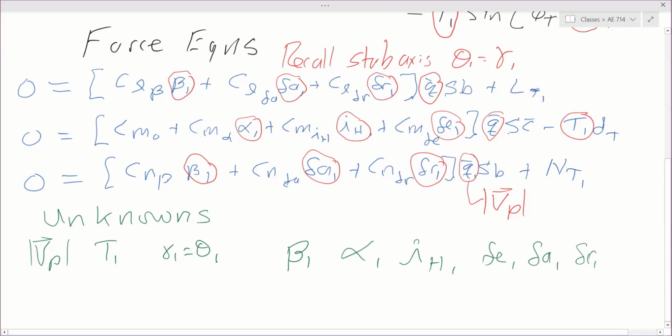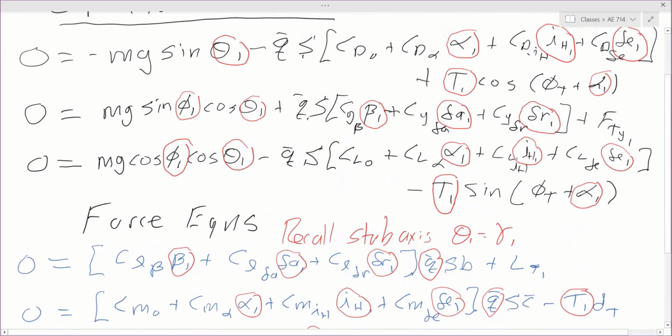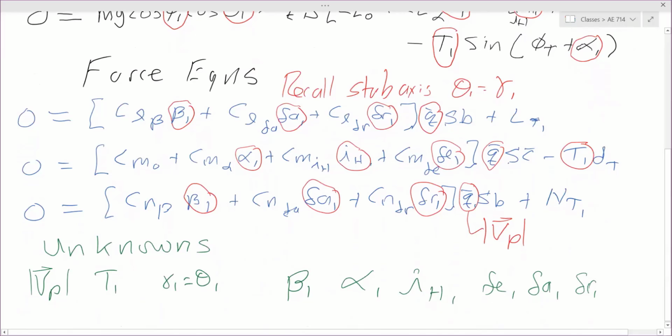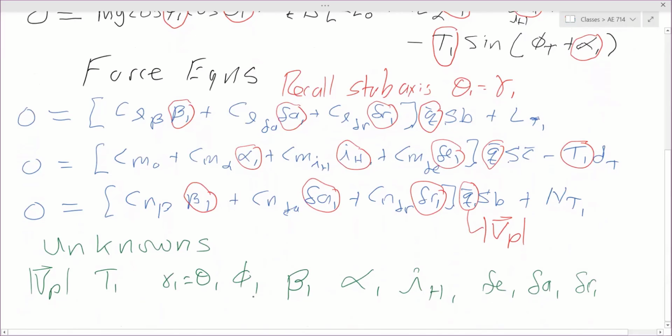Oh, and it's not on this screen, but we've got the bank angle phi, right? Because we could bank the airplane. So V sub P is proportional to Q, so we should write that as well.